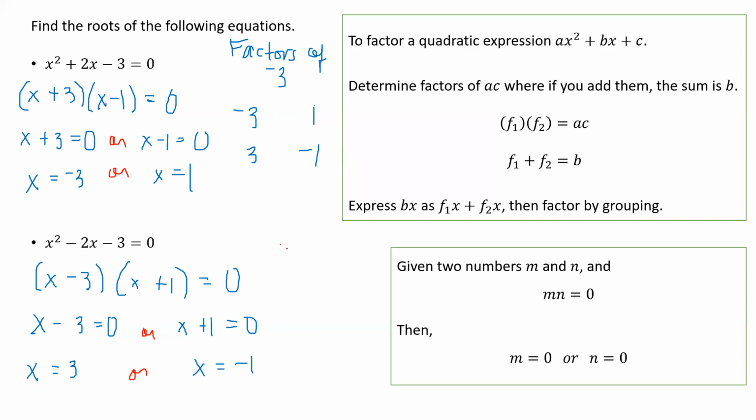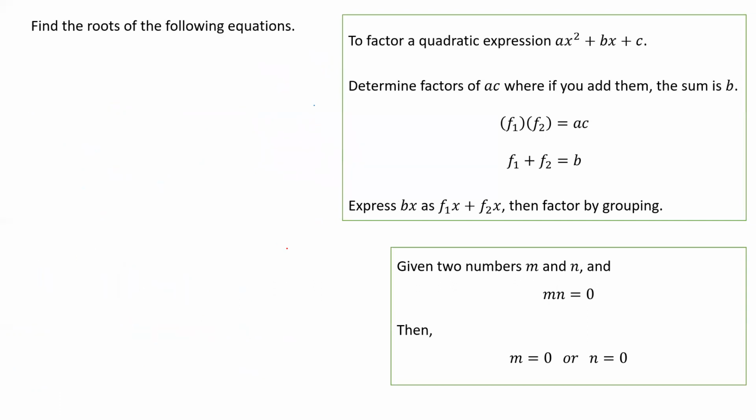Okay, let's try another one. Let's try more. x squared minus 25 equals 0. Now, let's see. What is the value of b here, and what is the value of c? We can see that the value for c is just negative 25.